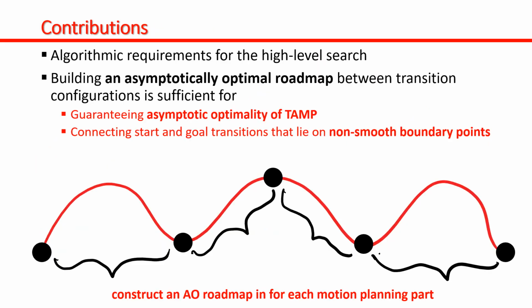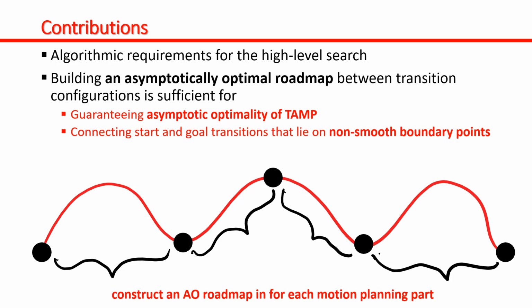So the contributions of this work, just to briefly summarize, are the outlining of the minimal algorithmic design requirements that can allow us to achieve asymptotic optimality by just building asymptotically optimal roadmaps for each such motion planning component.